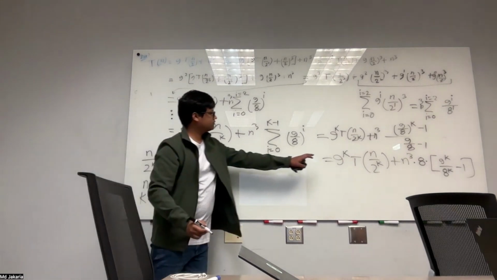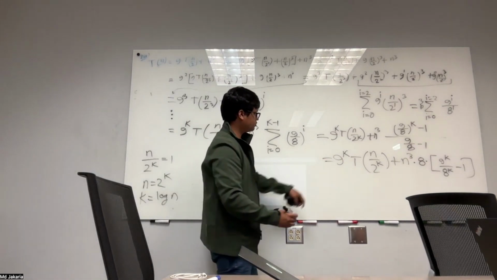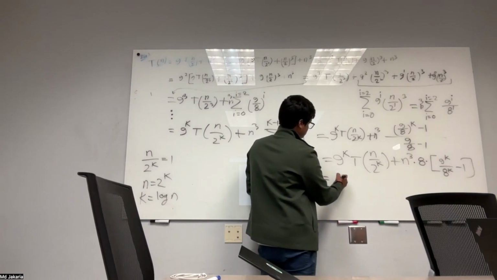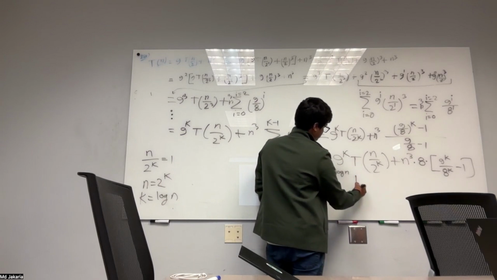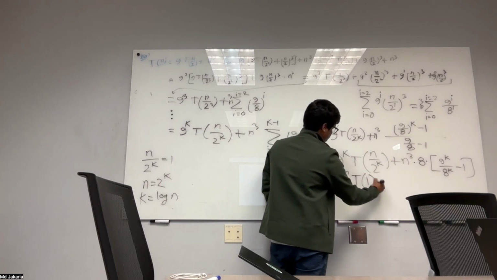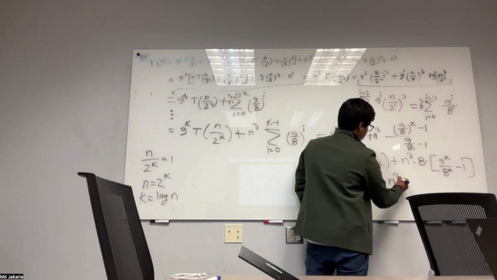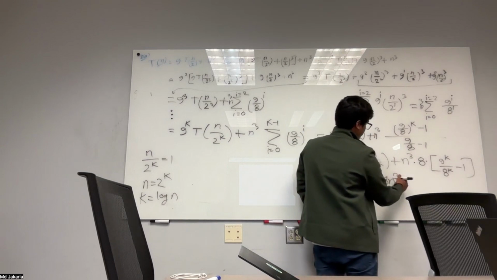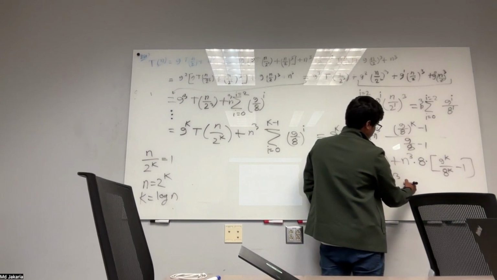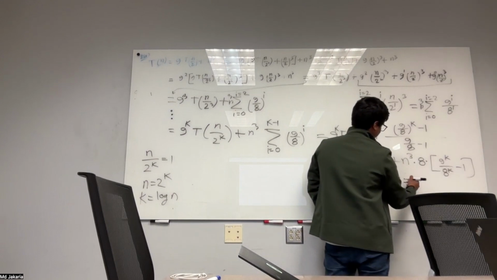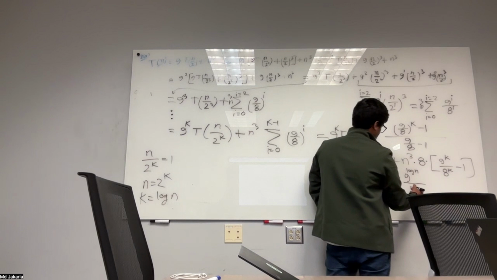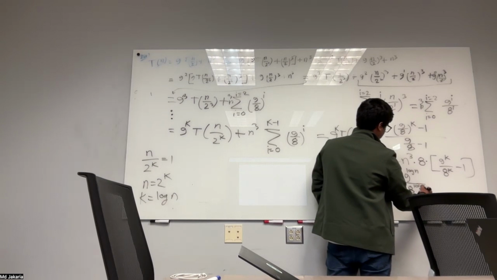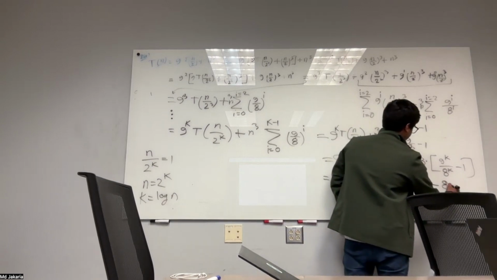And if we fit these values here, we will get something like 9 log n. So this will be 1 plus 10 cube. This will be 9 log n. This will be 8 log n minus 8 n cube.